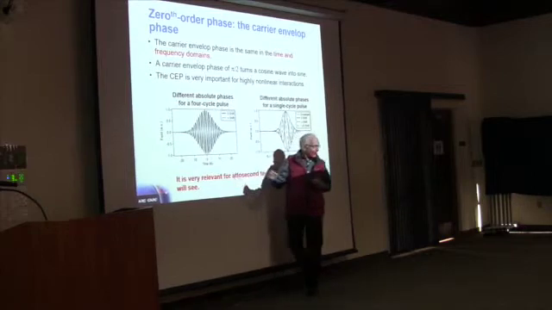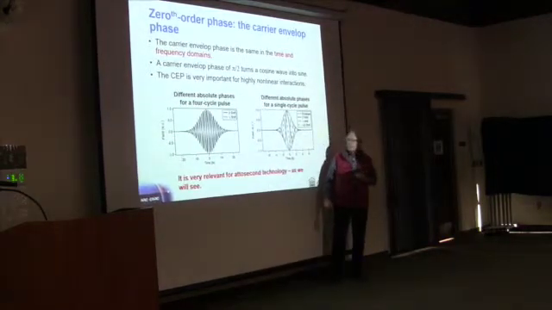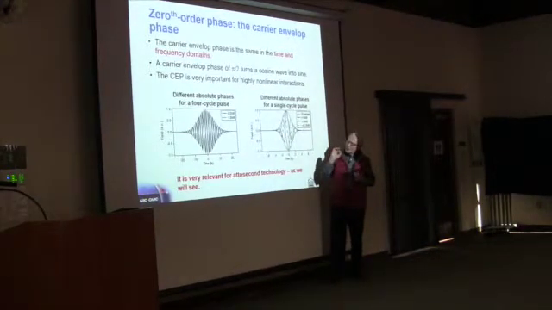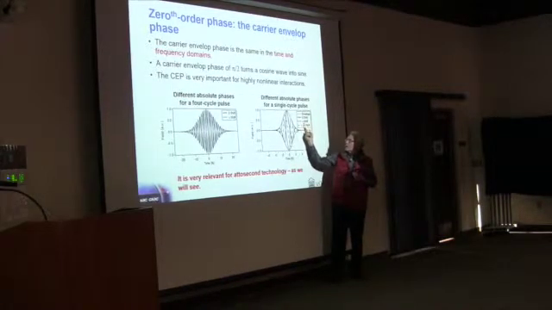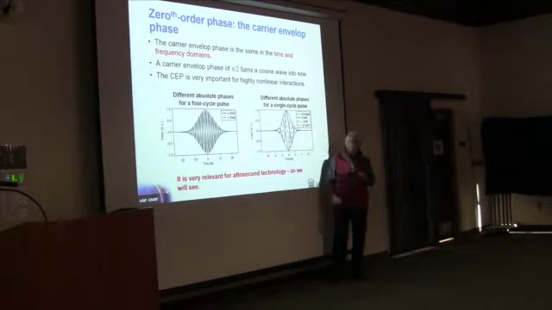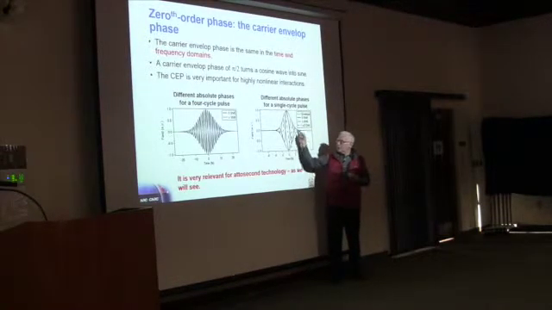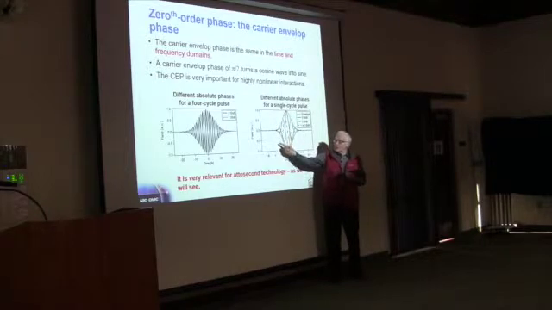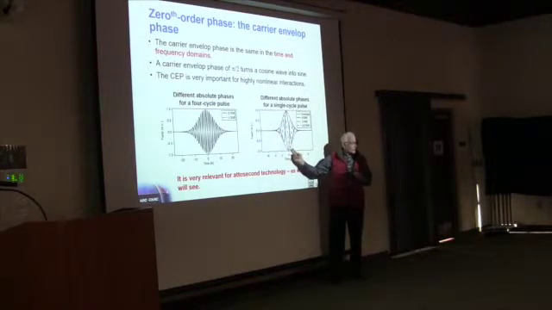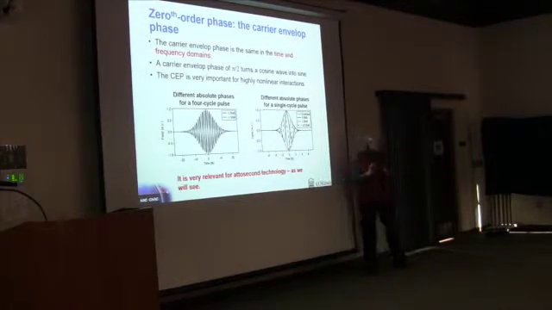The fields have flipped their direction, but it's not only a flip in the phase, you can change the phase any amount you wish. Here it's shown 0 phase, pi over 2 phase. And if the pulse is short enough, it really looks significantly different because of how the oscillation fits inside the envelope.